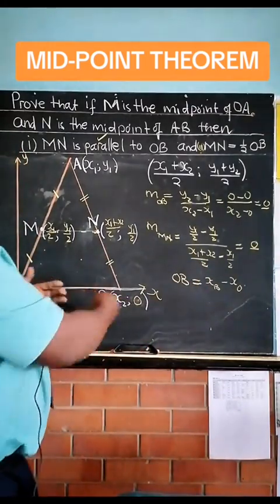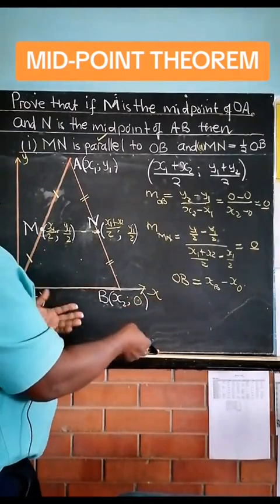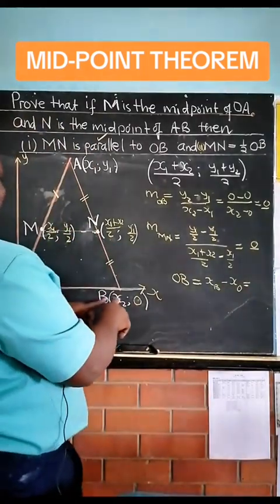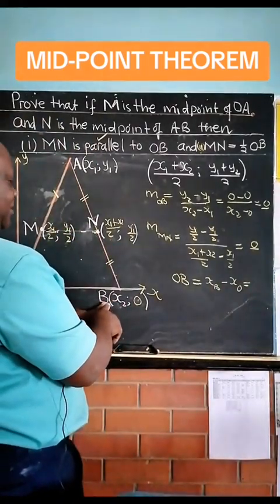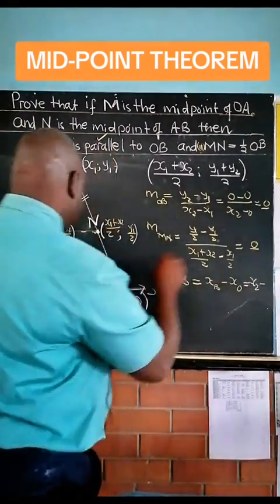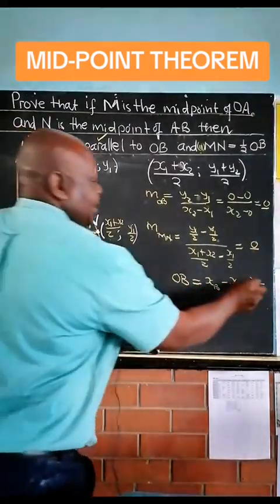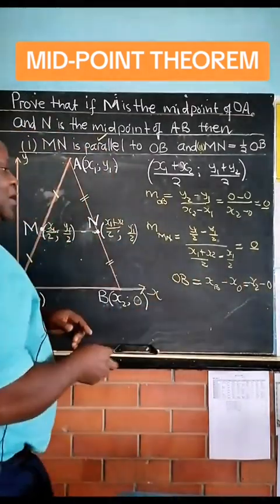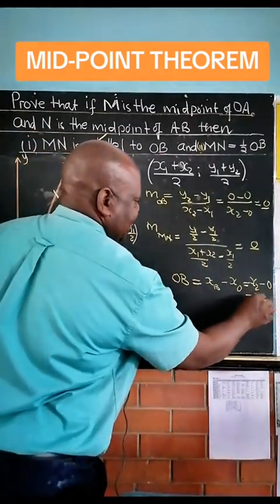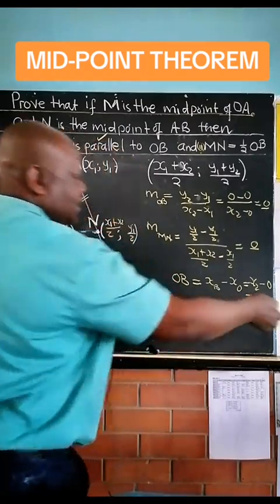The y value won't matter because the y value is the same. So what is the x value at B? It's x2. Subtract the x value at O, which is 0. So the length of OB is x2.